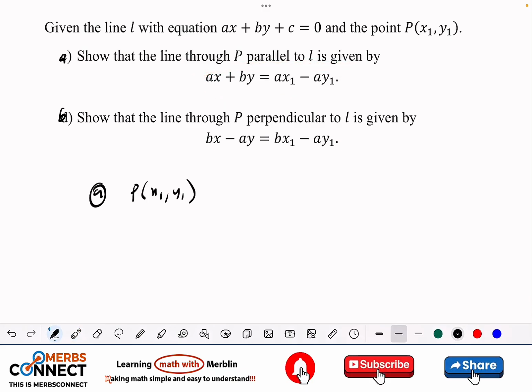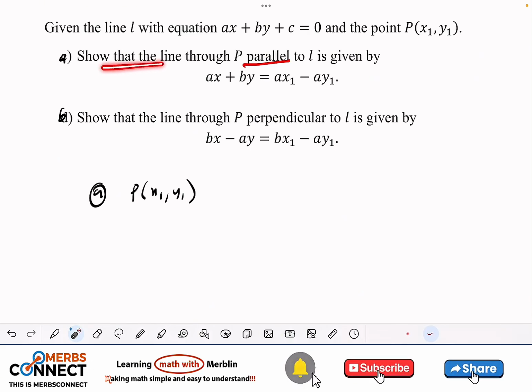So the term we are using is, we know that P is parallel to what? L. That's the most important thing that we are using there. And as soon as we know that, they are going to have the same slope, right? So we want to now find the equation of the line, the new line. Good.